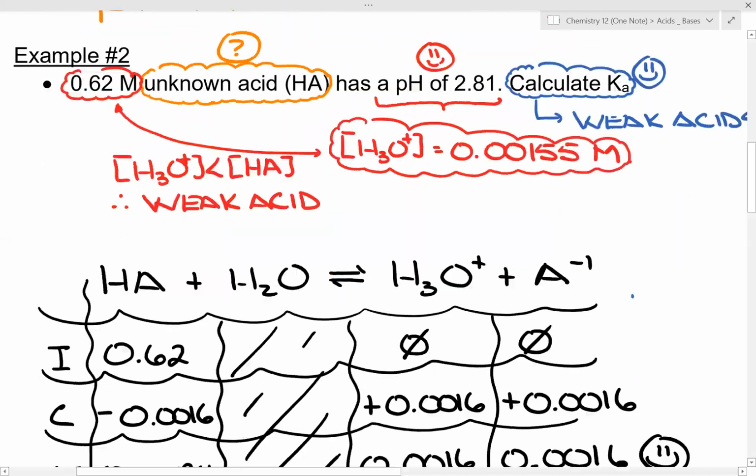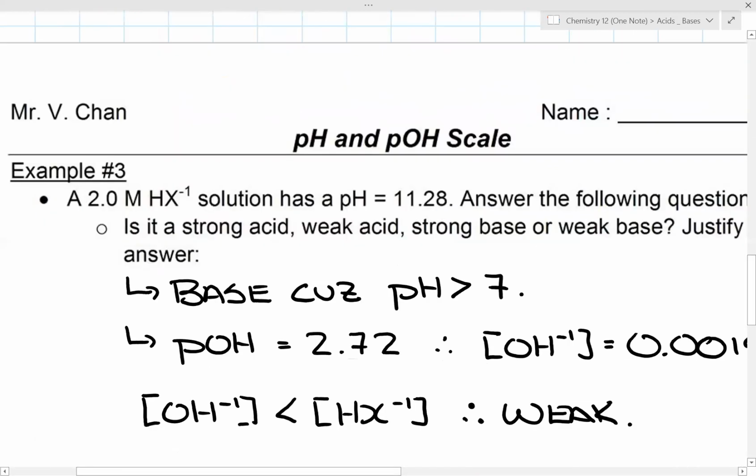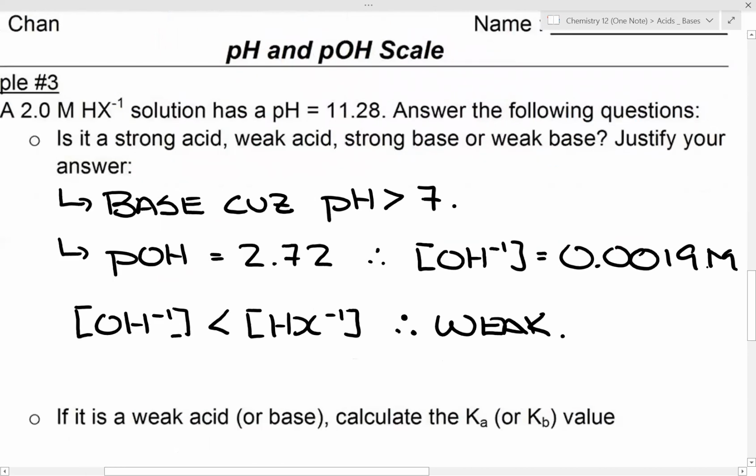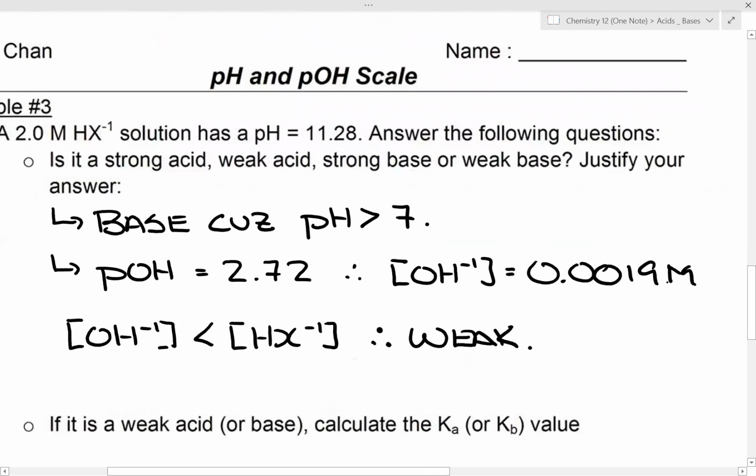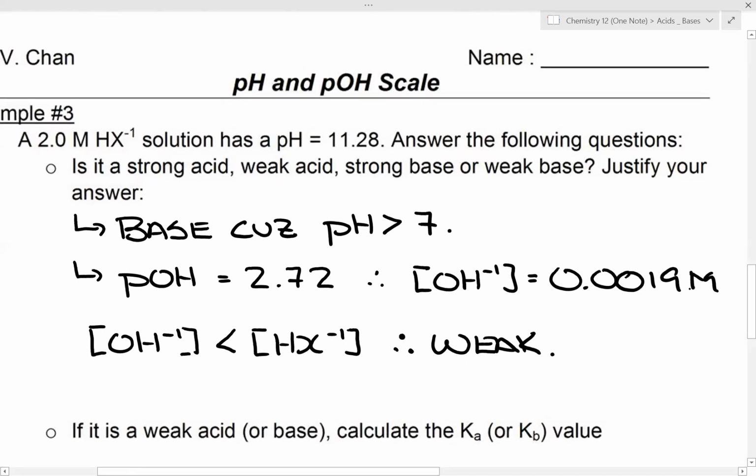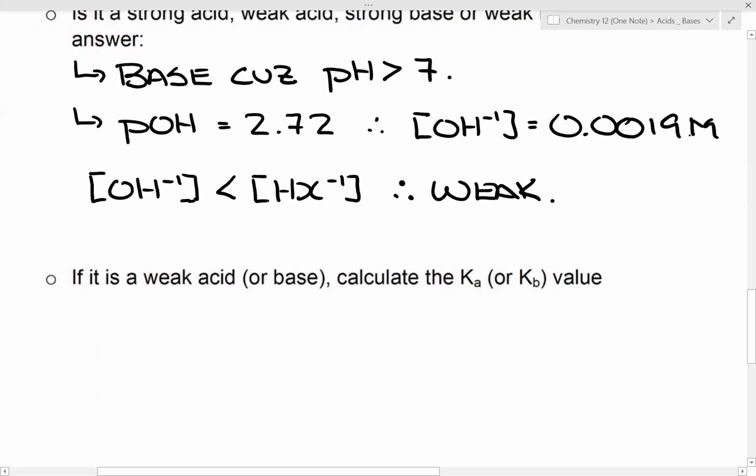But in this case, since the pH is greater than 7, I had to find the OH⁻ by finding the pOH first, and then finding the OH⁻ concentration. And since the OH⁻ concentration is less than the solution concentration of HX⁻, that's why it's considered weak.